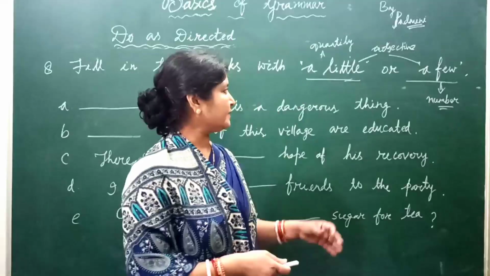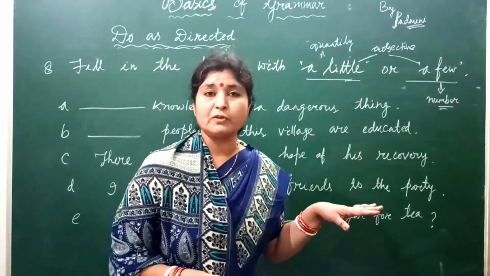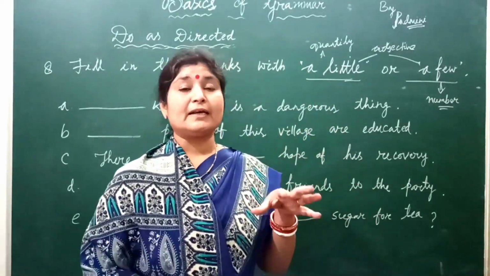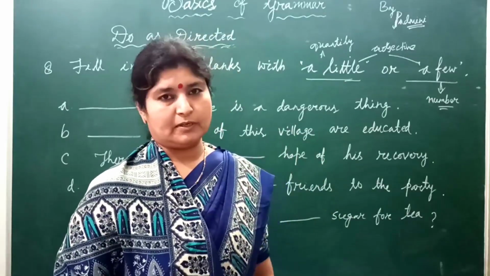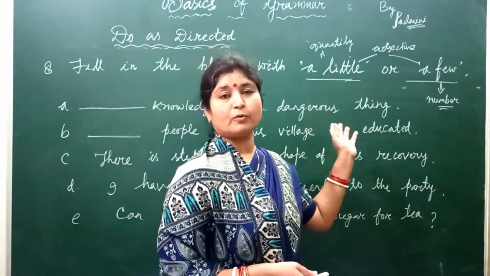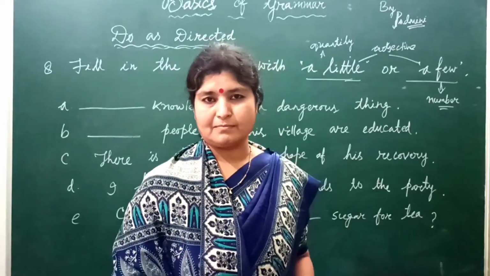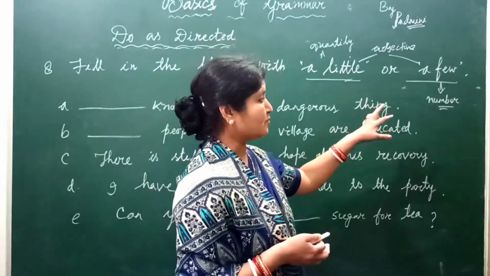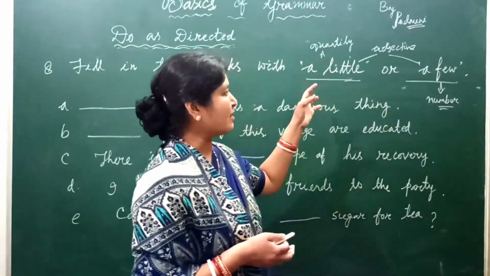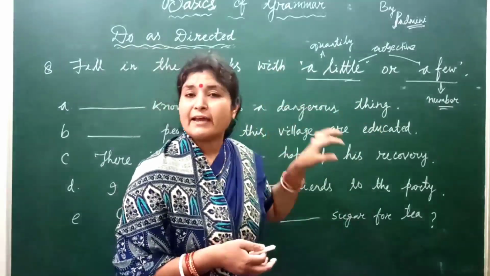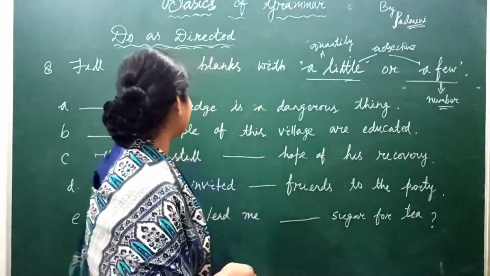So again remember it, a little we will use when the things are uncountable. And a few we will use where the things are countable. So with countable nouns we will use a few, and with uncountable nouns we will use a little. Okay?